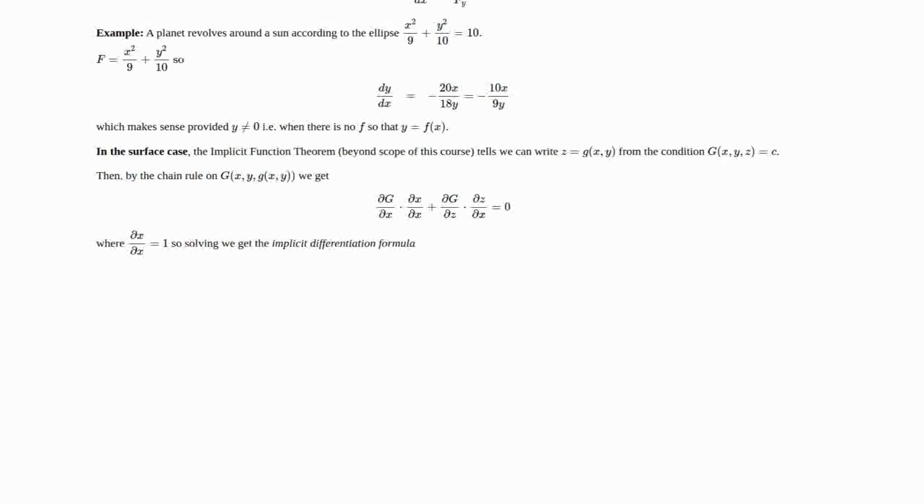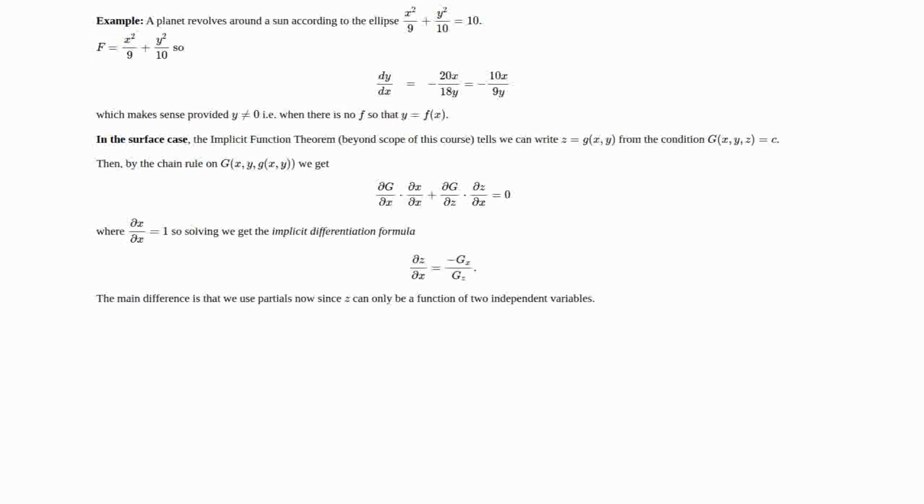And so noting that the partial of x with respect to x is just 1, and solving, we get the implicit differentiation formula that the partial of z with respect to x is equal to minus the partial of G with respect to x over the partial of G with respect to z.